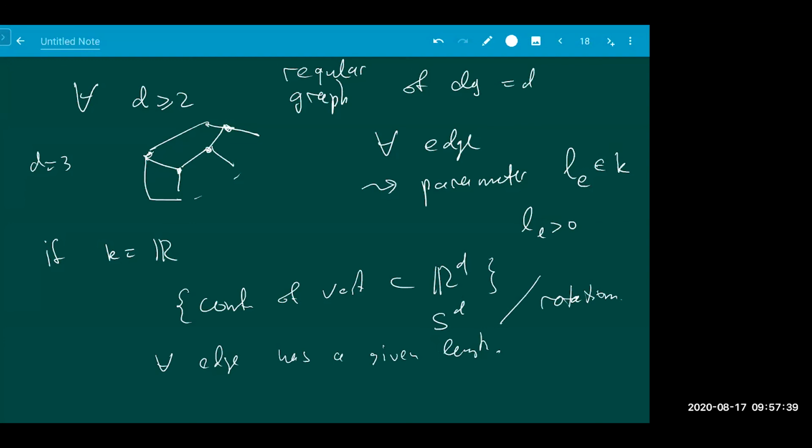We get a certain set, and it's clear that it's an algebraic variety, and one can replace real numbers by any field. We just consider coordinates of points and write the equation: the square of the length is equal to the given number. The claim is that it is Calabi-Yau. It is a Calabi-Yau variety with a canonical volume form, and the volume form is kind of obvious.